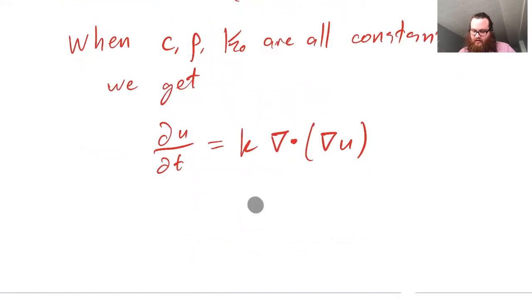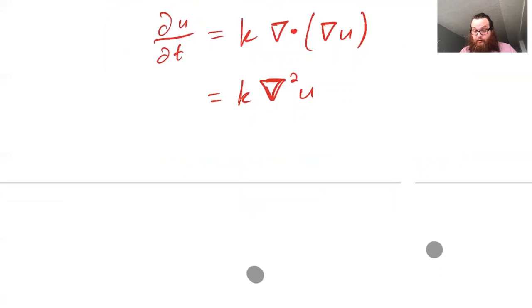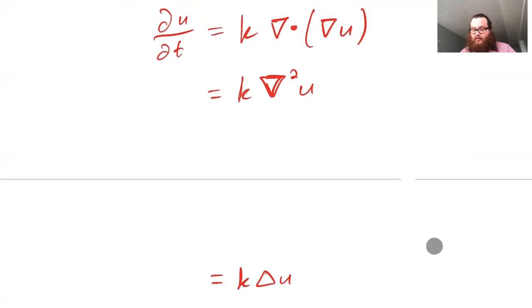You get something of this form, where this constant K is K0 divided by C times rho. Another way we can write this is K times nabla squared of U. And another way we can write this is K times delta U, or this is usually called the Laplacian.